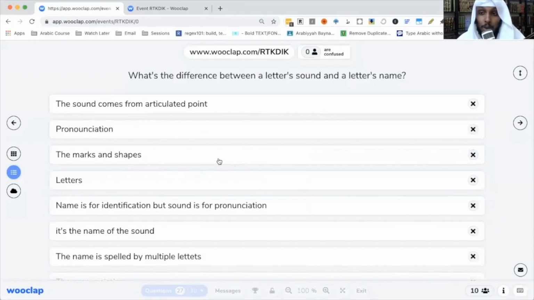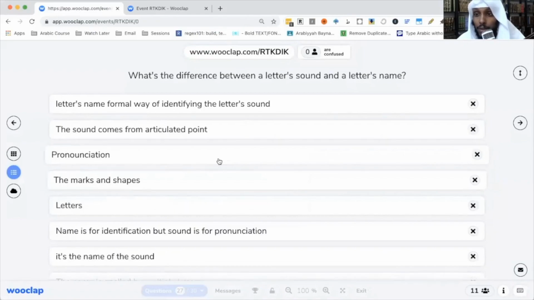All right. So the names of the letters is what we use to identify the letters. So Alif, Ba, Ta, Tha, this is to identify the letter. Okay. Whereas the letter sound is what we pronounce when we're reading. Okay. And to give you a tangible example is the beginning of Surah Al-Baqarah and many different surahs.